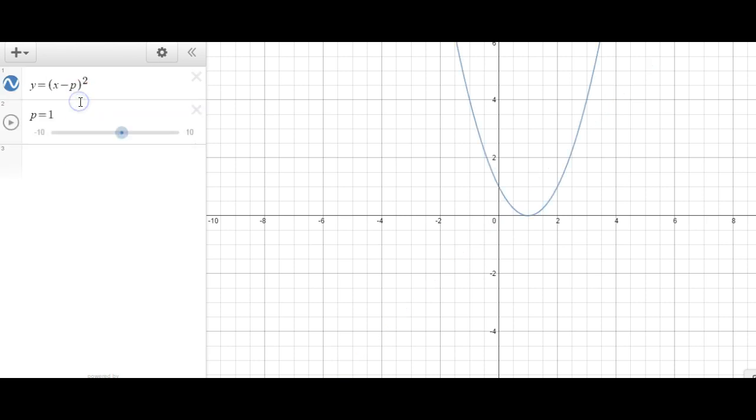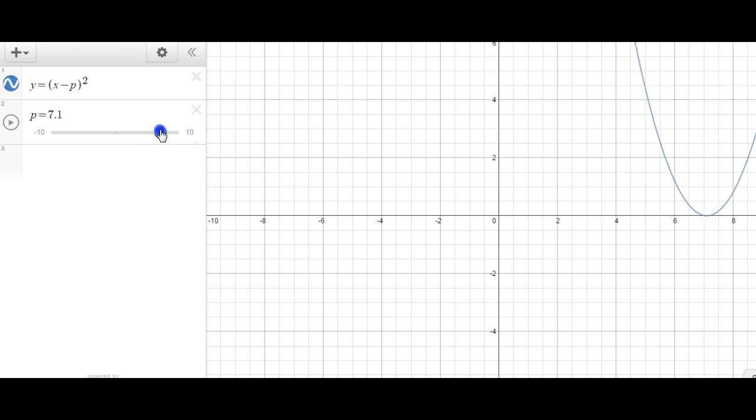And I'm going to say add a slider for p. Okay, so p is equal to 1. This is y equals (x minus 1) squared, right? So remember, when this is positive, you're looking at x minus that p.